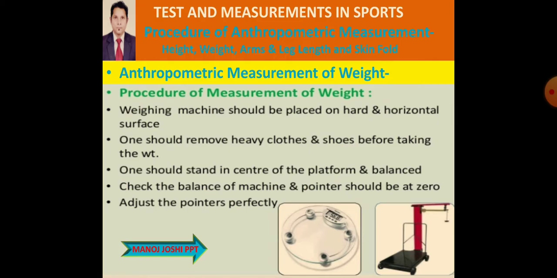While we are measuring weight over the weighing machine, we are not supposed to touch anything because the weight can be shifted. We should balance without touching any article at the center of the weighing machine, and the body should be straight, without pressing the weighing machine.